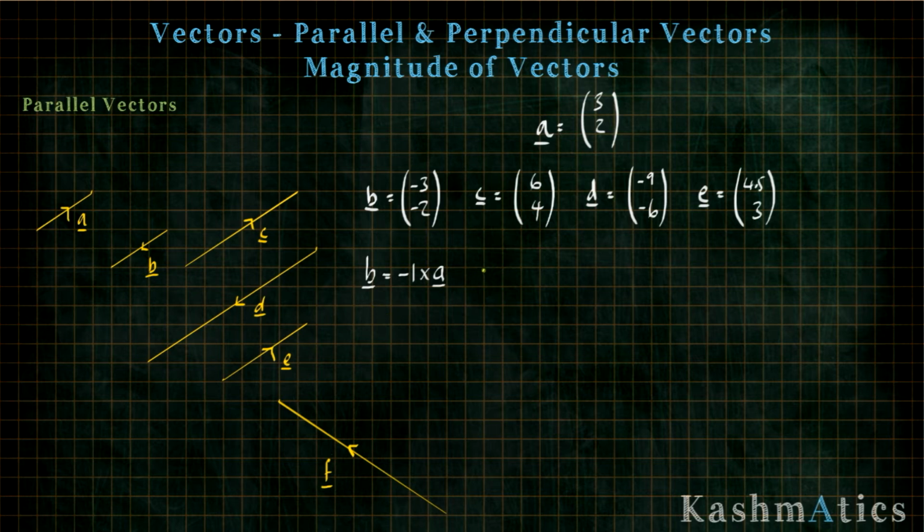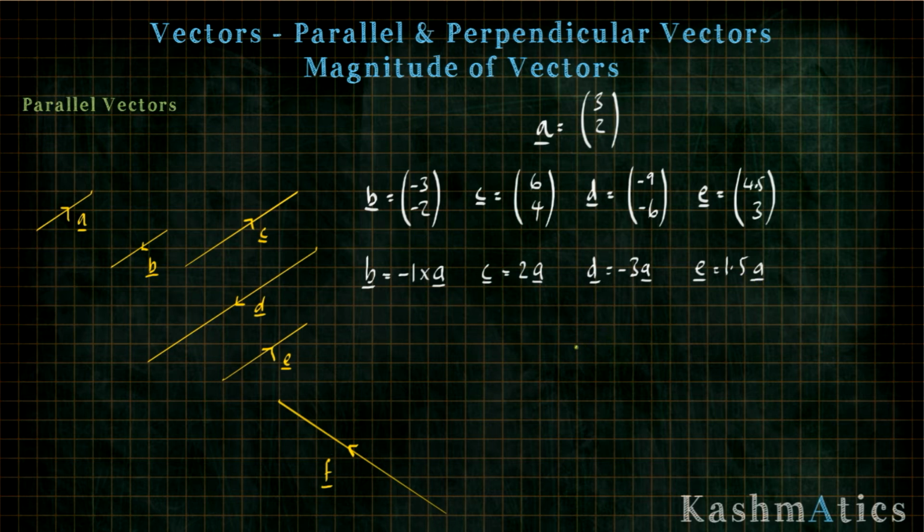Vector C is an easy one to spot, it's actually double vector A. Vector D is minus 3 times vector A, so it's minus 3A. And vector E is 1.5 times vector A.